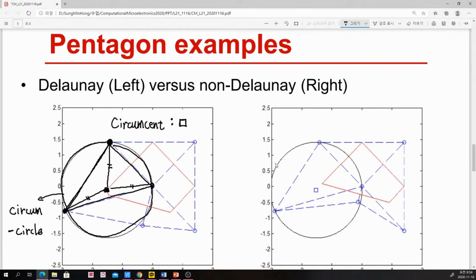And the Delaunay condition means that no other node is inside the circumcircle. Simply speaking, when we draw the circumcircle of each triangle, there will be no node point inside this circumcircle.